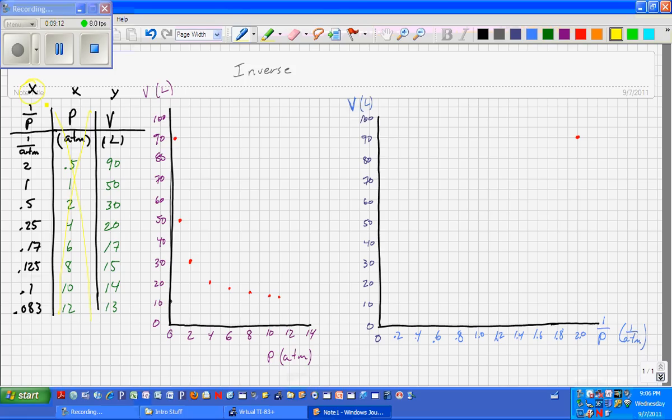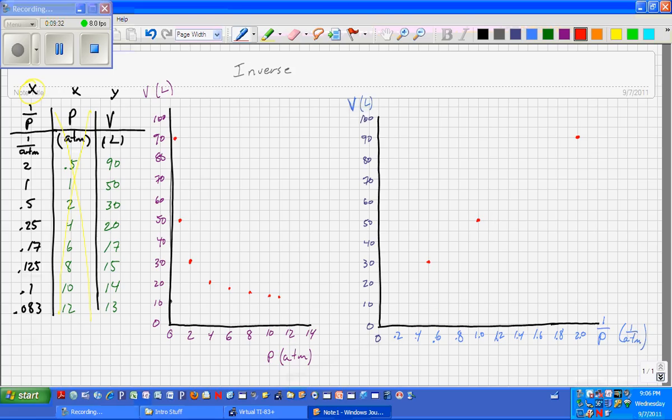So my next one is going to be 1 and 50. It's right there. And then I'm at 0.5 and 30. So 0.5 is right here, and 30 is right here.